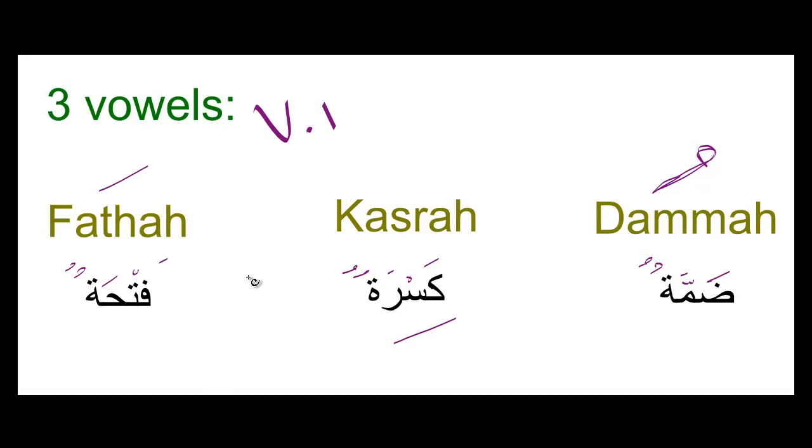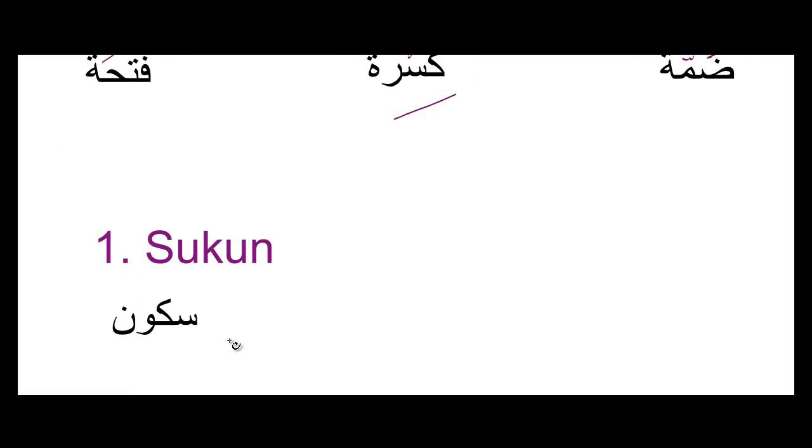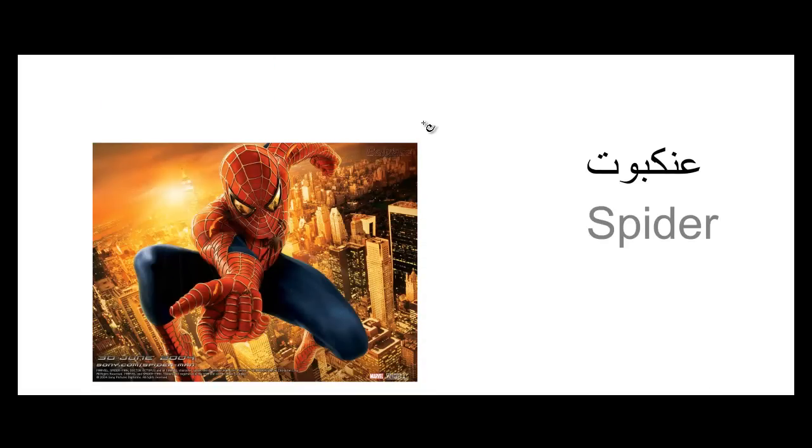Well, in that case, in Arabic we have something called the Sukoon. Many of you that have already learned the Arabic alphabet will already know what a Sukoon is, and a Sukoon is basically you stopping on that sound. To give you an example of this, we have the word spider, ankabut.